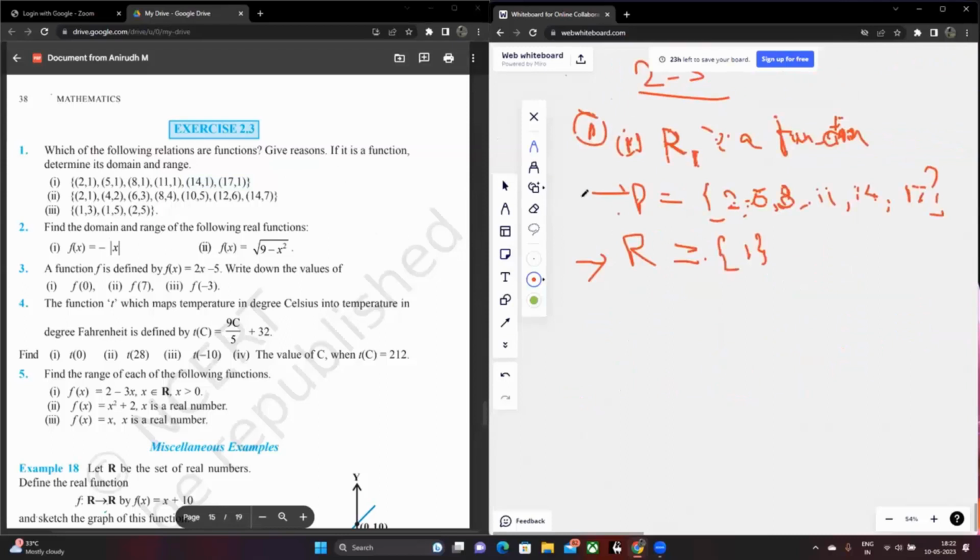Many people get confused here between the many-oneness of the domain and the many-oneness of the range. So there is a very good mnemonic. If you have a function f from A to B, where A and B are two sets of elements, I'm not worried about what the elements are.